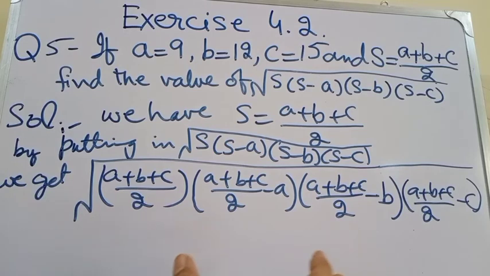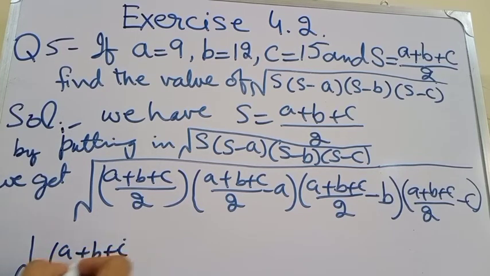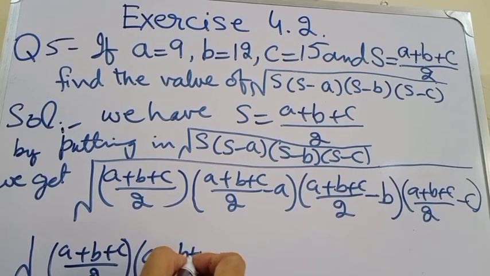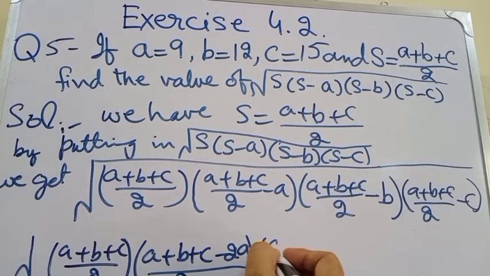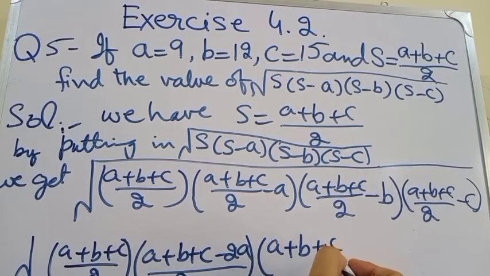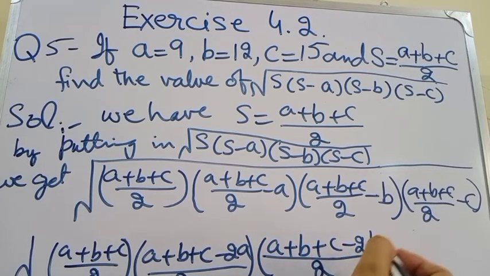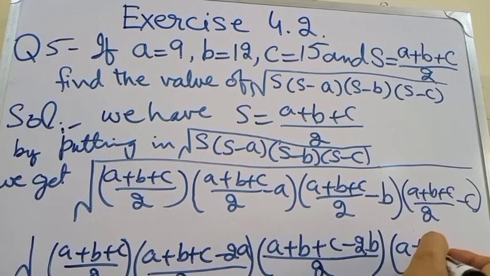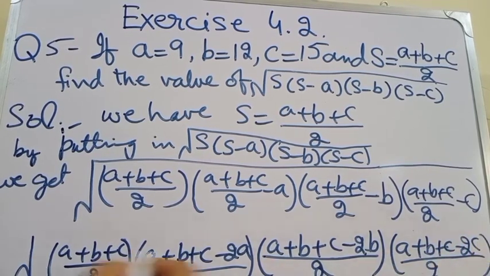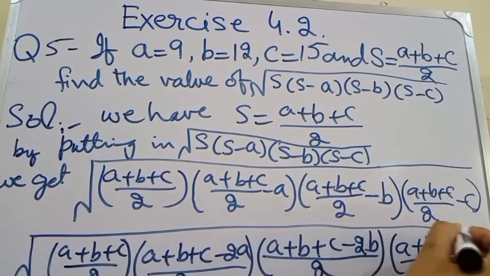Now we simplify all these terms. We have A plus B plus C divided by 2 and A plus B plus C minus 2A divided by 2, A plus B plus C minus 2B divided by 2, A plus B plus C minus 2C divided by 2, and this is under the root.